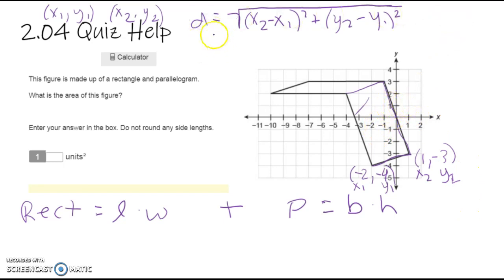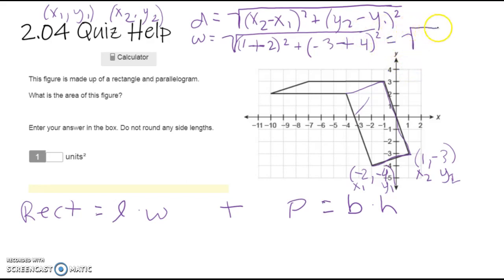All right, so for the width of that rectangle, it's going to be the square root of x2, which was 1, minus x1, which is -2, so minus a -2, turned into a plus, squared, plus y2, which is -3, minus y1, which is -4, so minus a -4, turns into a big plus sign, squared.